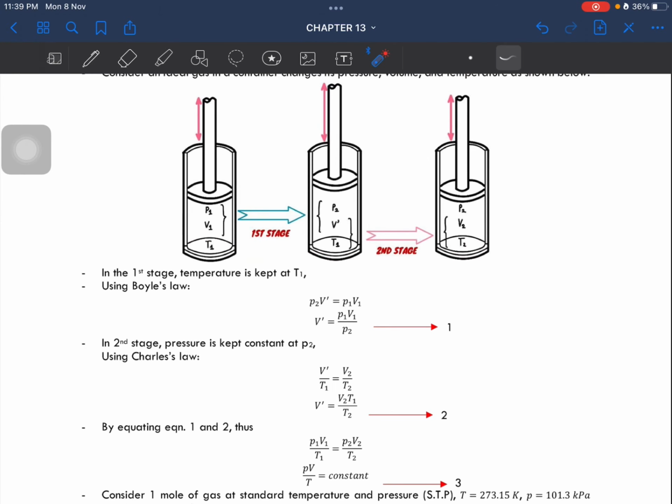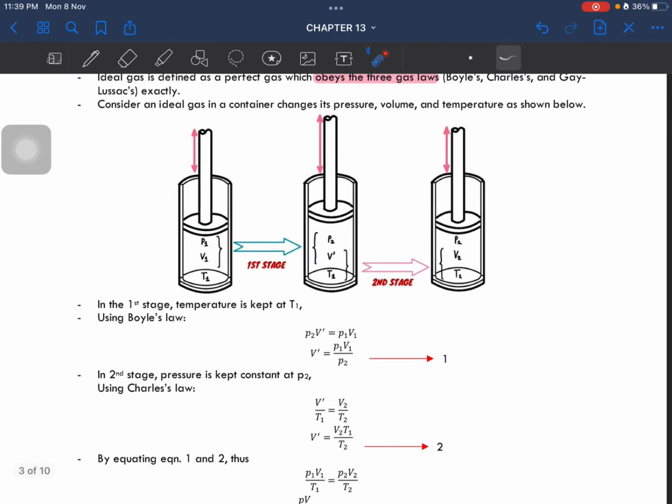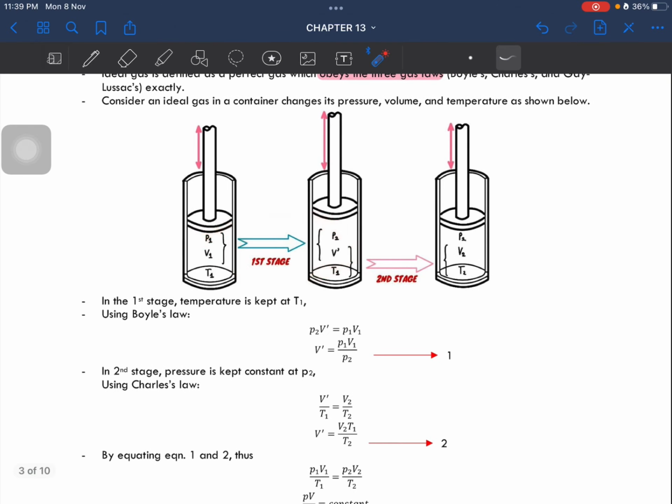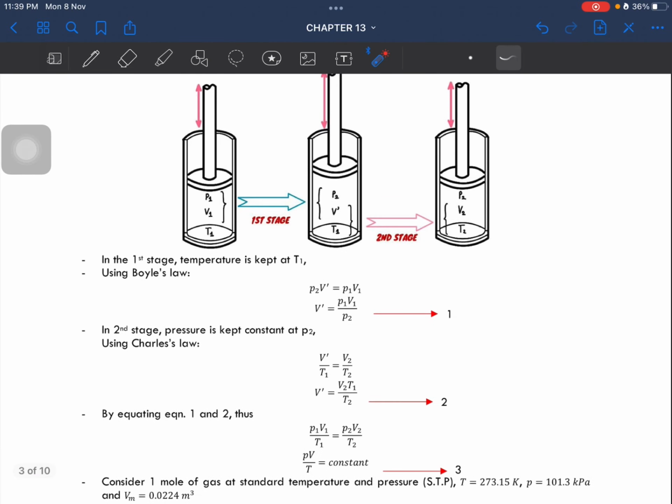At the first stage, it is experiencing a constant temperature. If you look here, T1 and T1, so the temperature is kept constant in the first stage.